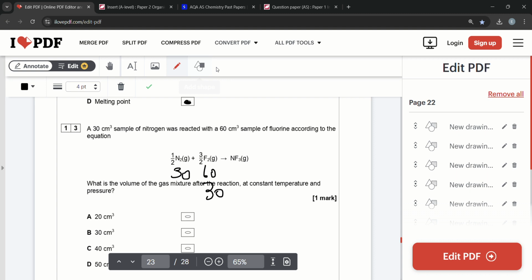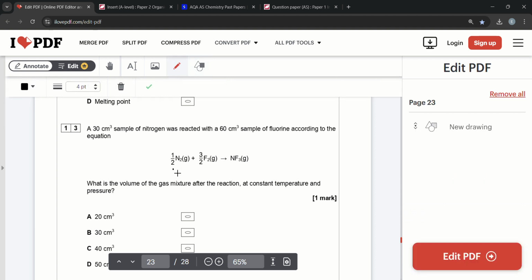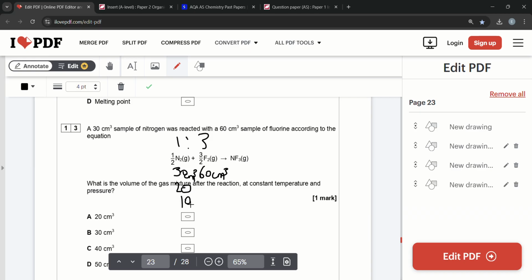Because nitrogen is in excess, with a 1 to 3 molar ratio, that tells me that the original amount of nitrogen should actually be 20. It should be 20, right? 60 divided by 3 will give me 20, but it's not. It's 30, so the amount remaining is 10 centimeters cubed.